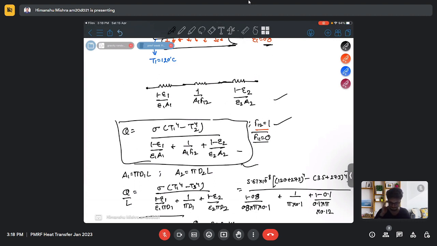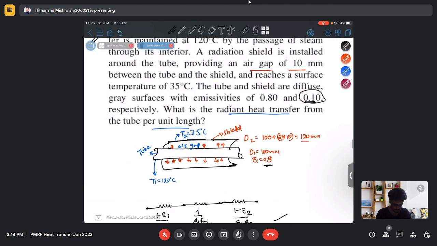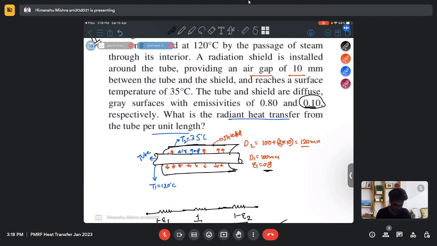But actually, we are not taking the emissivity of the outside surface of the shield. Are the emissivities for the inside and outside surfaces of the shield independent? Emissivity of, sorry, I did not follow your question completely.